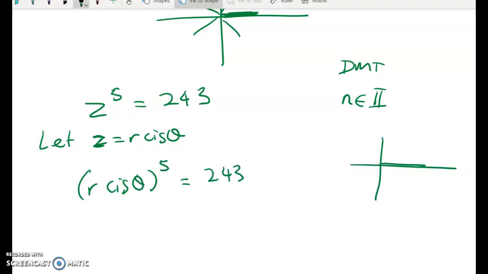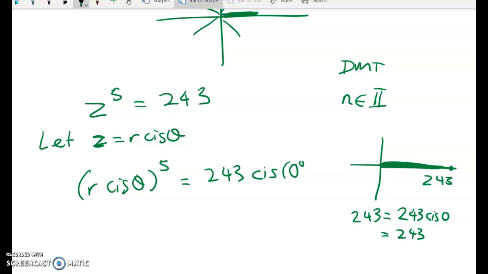Now if we're writing 243 as a complex number, it's lying out here. So there's 243 there. So it's 243 cis 0. But it would also be true that 243 can be written as 243 cis 2 pi, right?